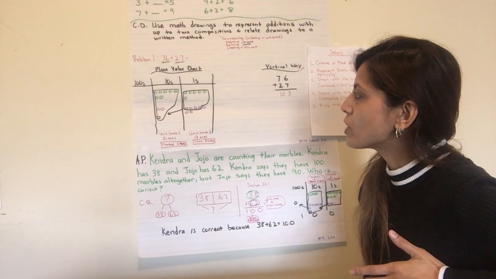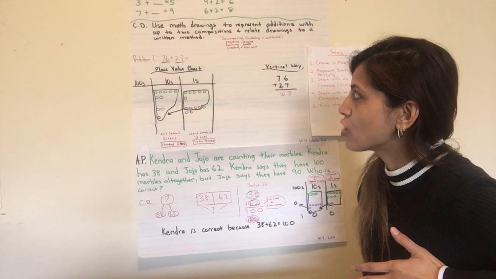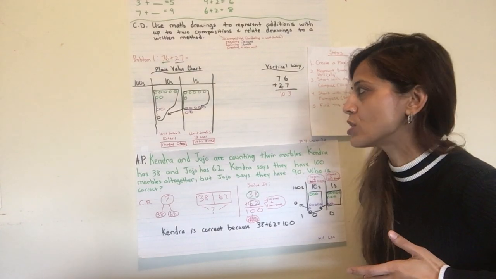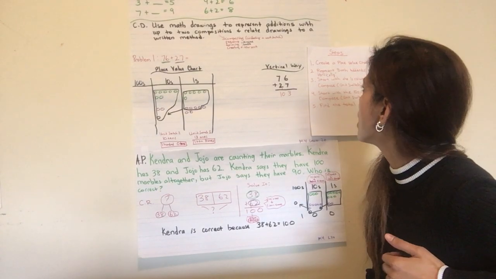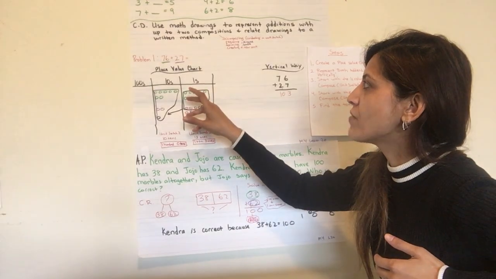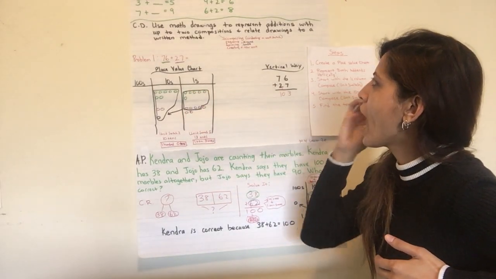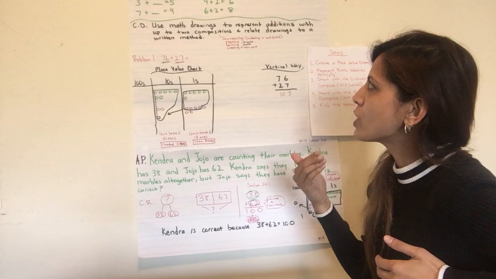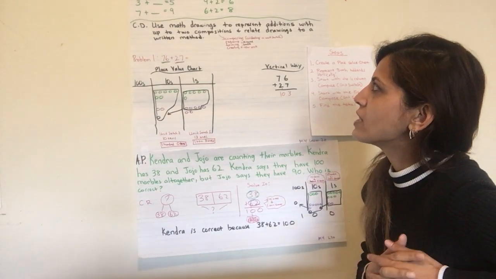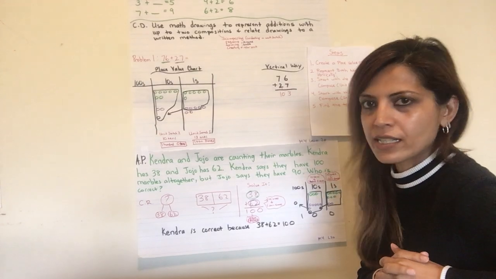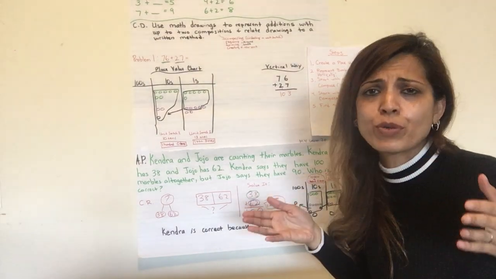When we first started this work, we started creating place value charts to solve two-digit addition, and then we moved on to connecting the place value way to the vertical way. And today we're going to continue this work with, again, addition with two compositions.